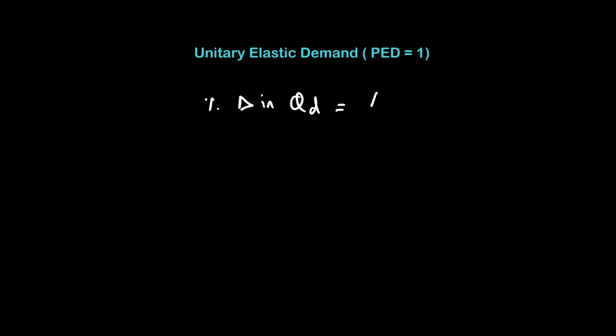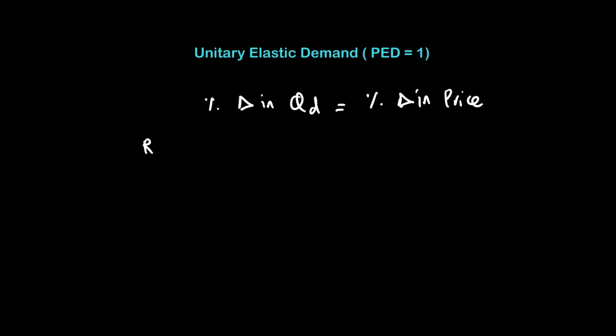In the case of a unitary elastic demand curve, we know that PED is equal to 1, which means that the percentage change in quantity demanded is exactly equal to the percentage change in price. And we discussed earlier that this kind of good has a demand curve that is non-linear.